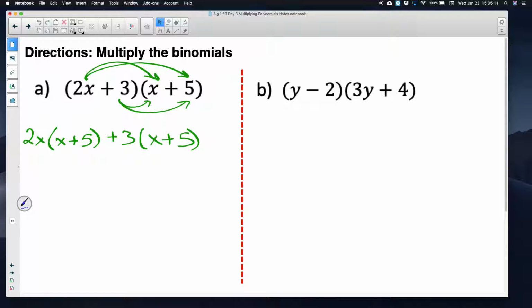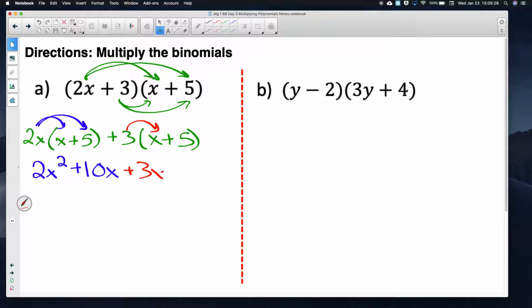I'm going to distribute 2x to both terms. So 2x times x gives me 2x squared. 2x times 5 gives me plus 10x. And then I've also got to distribute this 3. So 3 times x gives me plus 3x, and 3 times 5 gives me plus 15.